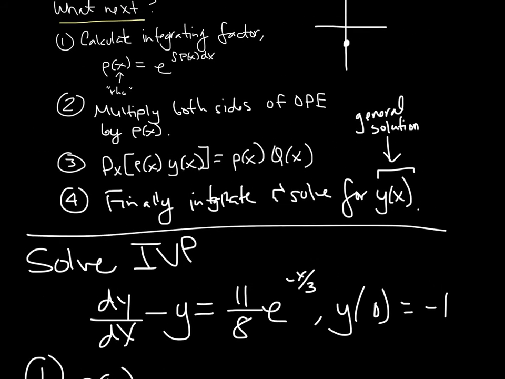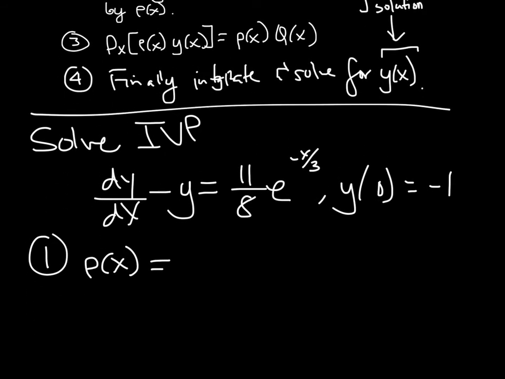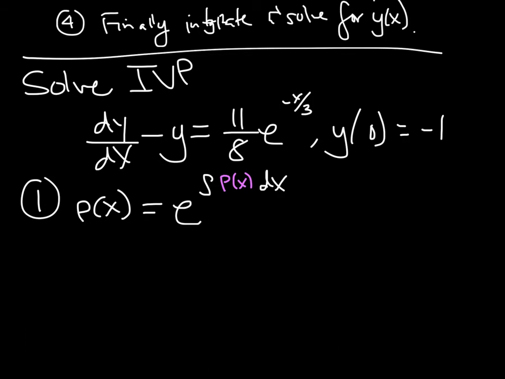I'm just looking at my step 1, and that's e to the integral, and let me just change the color so we won't get confused with rho and p. Okay, we'll use this purplish. So p of x dx. So let's calculate that. That's not too bad. Okay, well, what's our p? We could actually write this before, but I'll just go ahead and write it now.